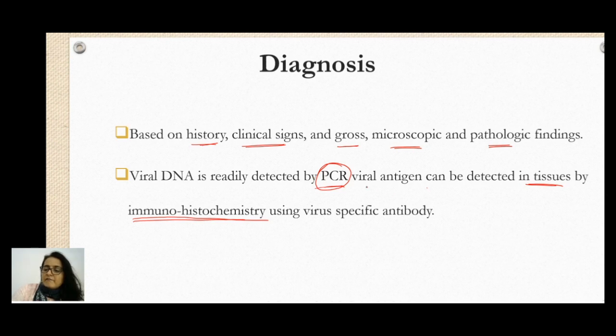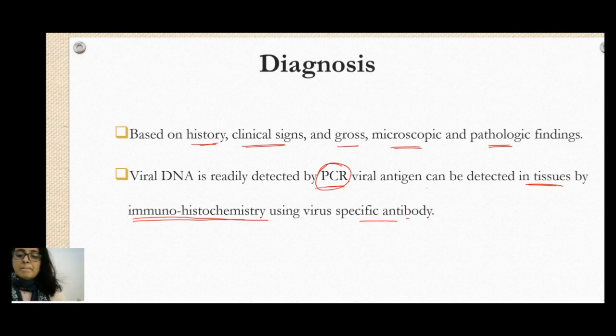Then viral antigen is also detected in tissue by immunohistochemistry. Using immunohistochemistry, we can detect the viral antigen in the tissue by using the virus-specific antibody.